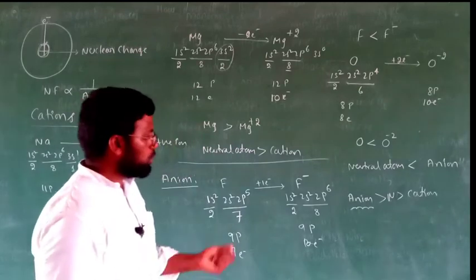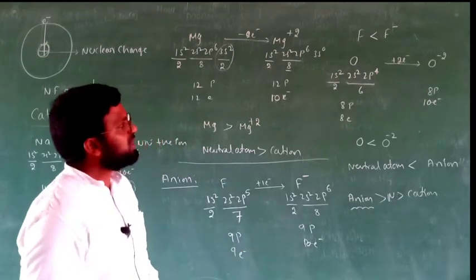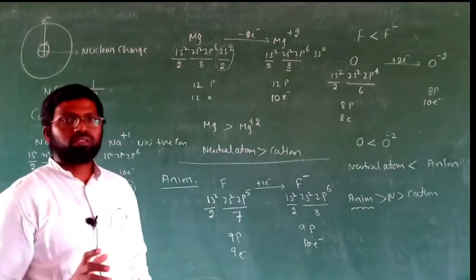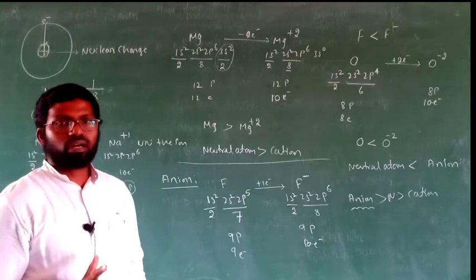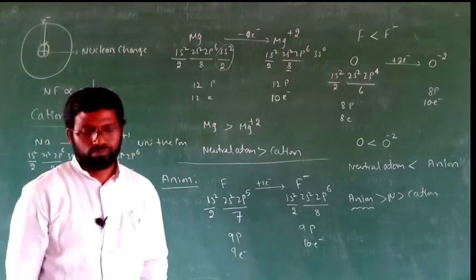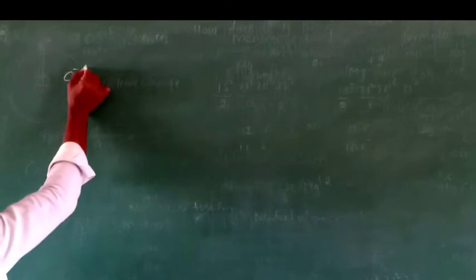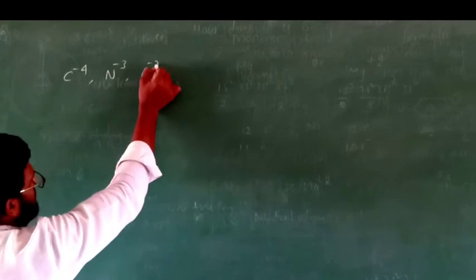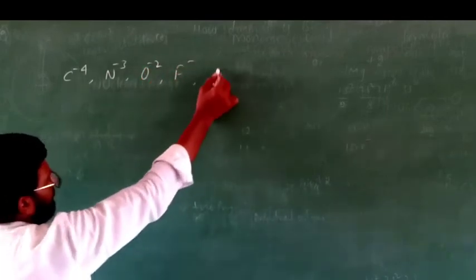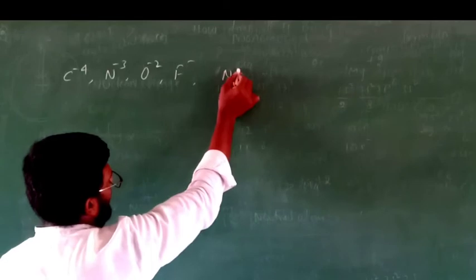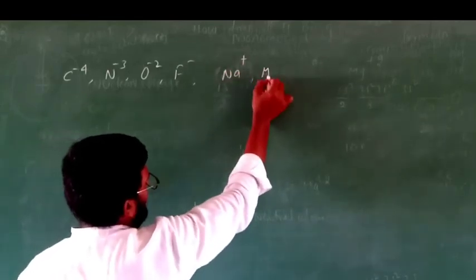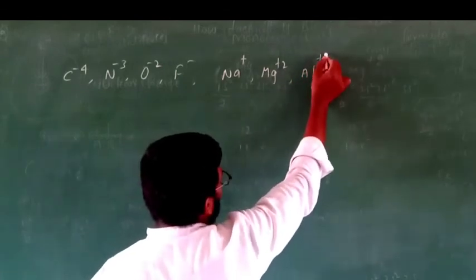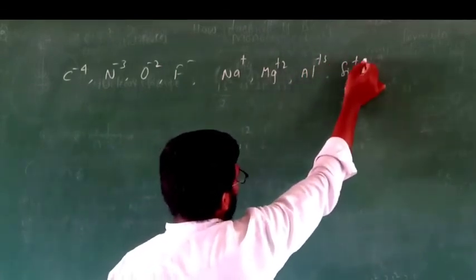Okay, here is one small question for you. I will give a series of isoelectronic species. Try to predict which is the largest ion and which is the smallest ion. C-4, N-3, O-2, F-, Na+, Mg+2, Al+3, Si+4.